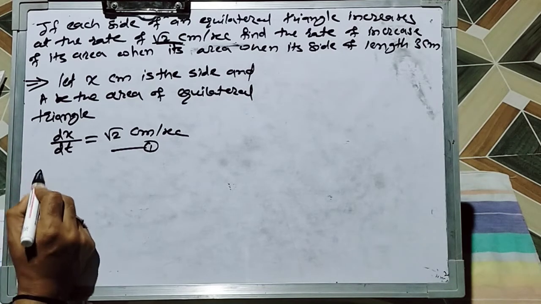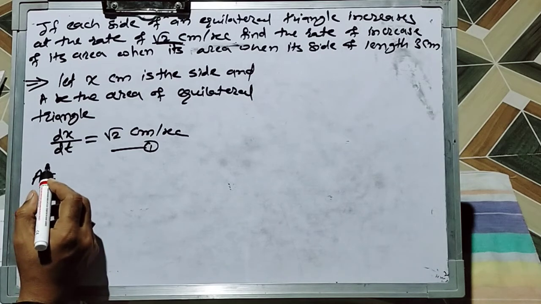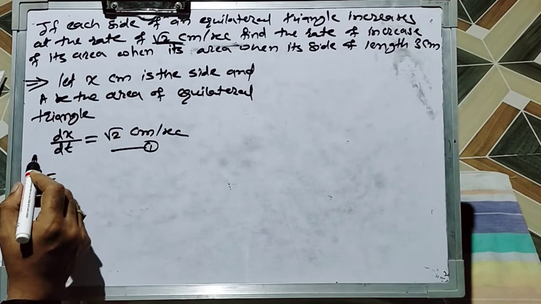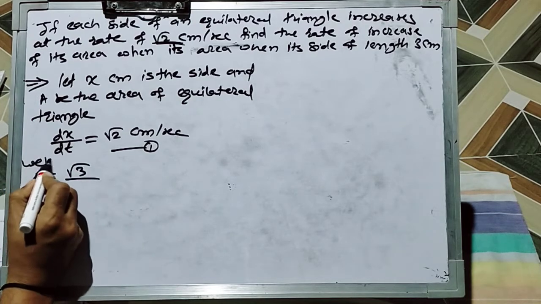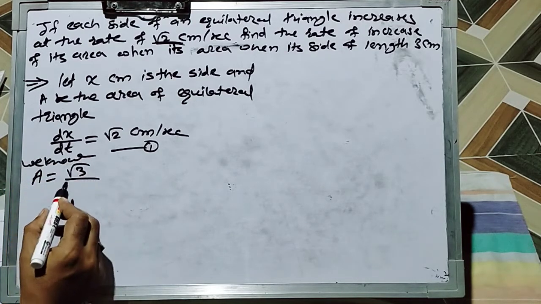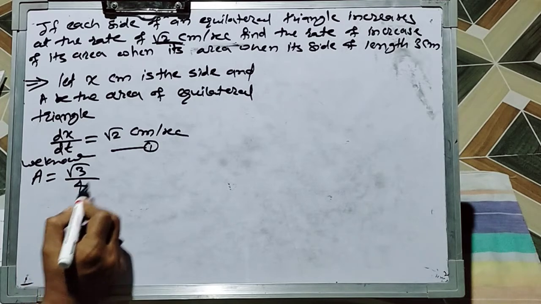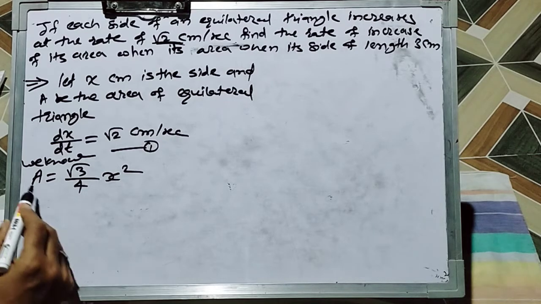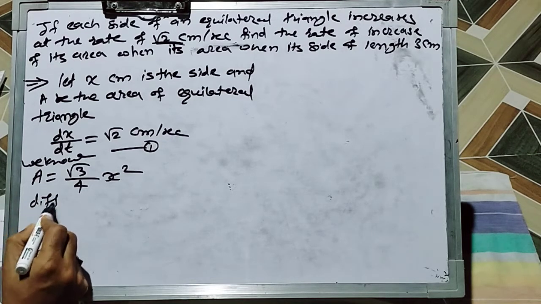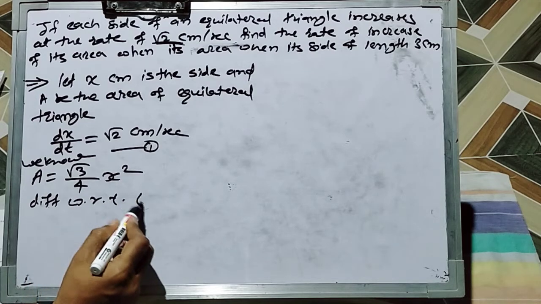And we know the formula for finding the area of an equilateral triangle is root 3 divided by 4 into x squared. We have to find the rate of increase in area, so differentiate with respect to t.